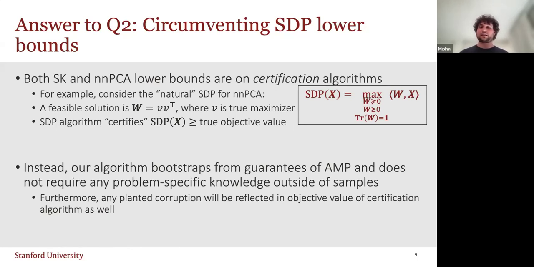And that's not good for us because, for example, we can have PCA, which gets arbitrarily worse. The objective value on Y is arbitrarily different from X. So that's why our algorithm can kind of circumvent these lower bounds. We don't require these certifications.